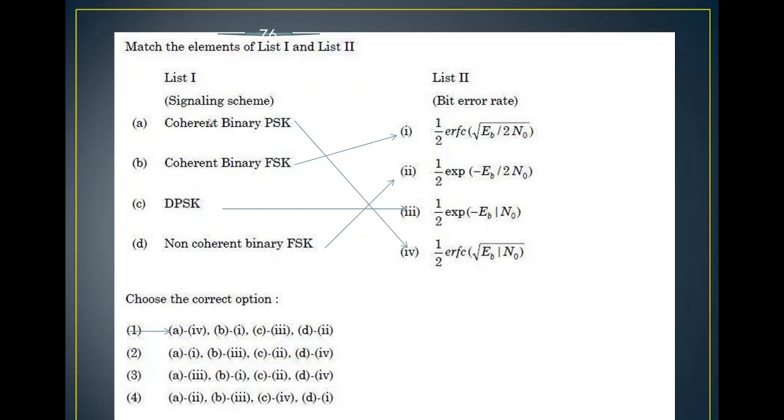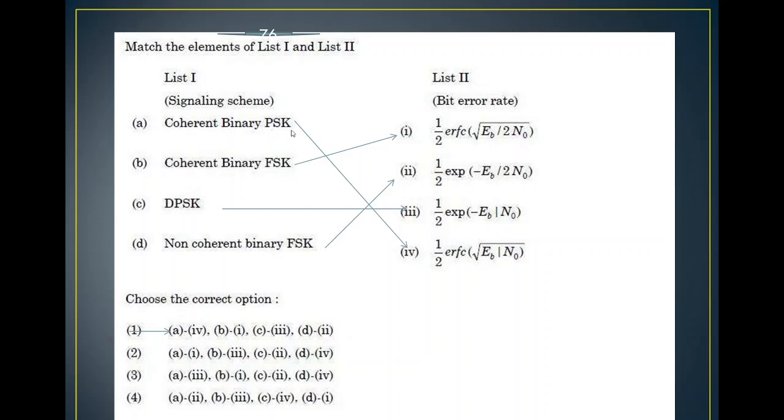Now match again. List first contains signal schemes, and the second contains bit error rate. You can see option first, option second, option third, and option fourth. The right answer is option first, that is A connects to fourth, B connects to first, C connects to third, and D connects to second.